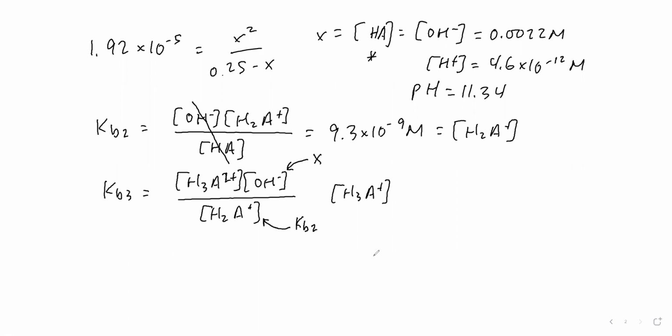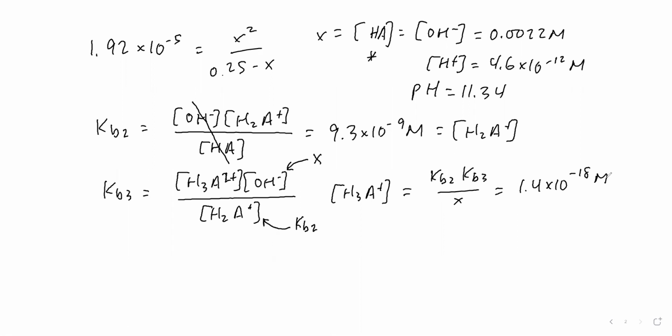When we rearrange that setup, the concentration of H3A2+ is just Kb2 times Kb3 over x. We know the numerical values, so we plug those in and get 1.4 times 10 to the minus 18th molar.